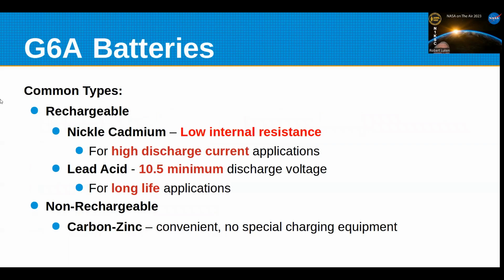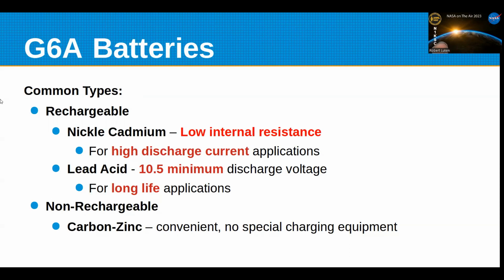So common types of batteries are rechargeable and non-rechargeable. They still talk about nickel cadmium, although you don't see them that much. Their biggest thing was the very low internal resistance, so they could deliver very high discharge currents. With a lead acid storage battery, the thing you have to concern yourself with is the minimum discharge voltage.